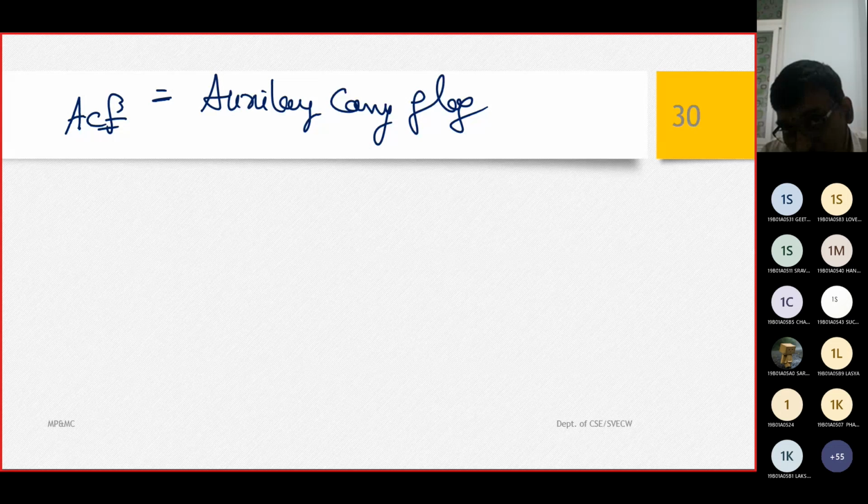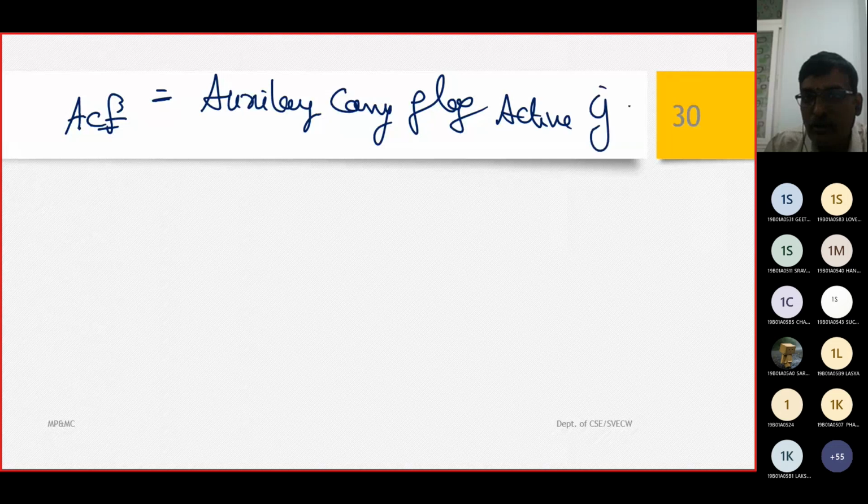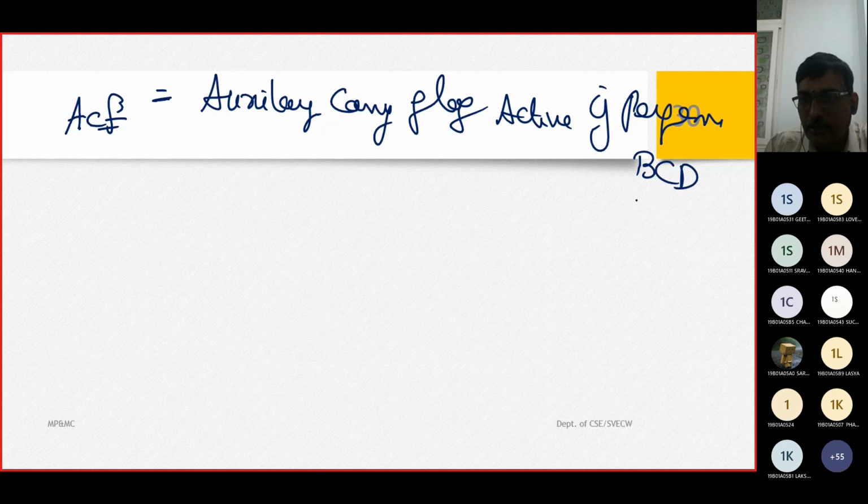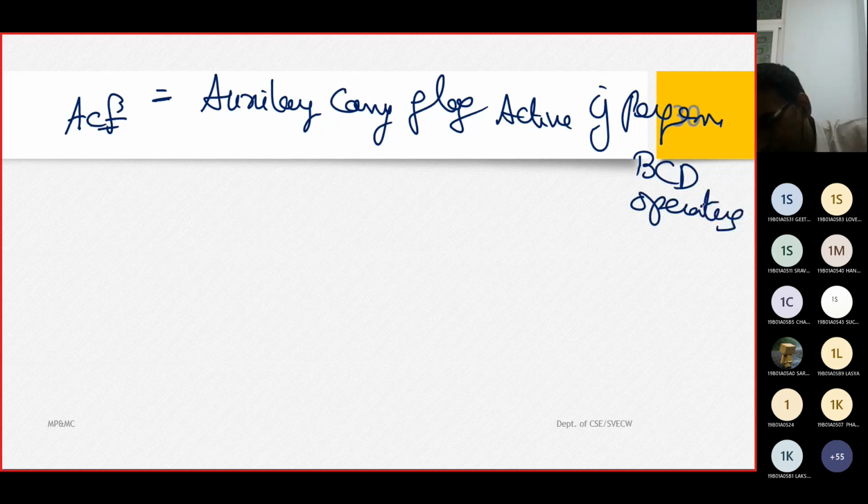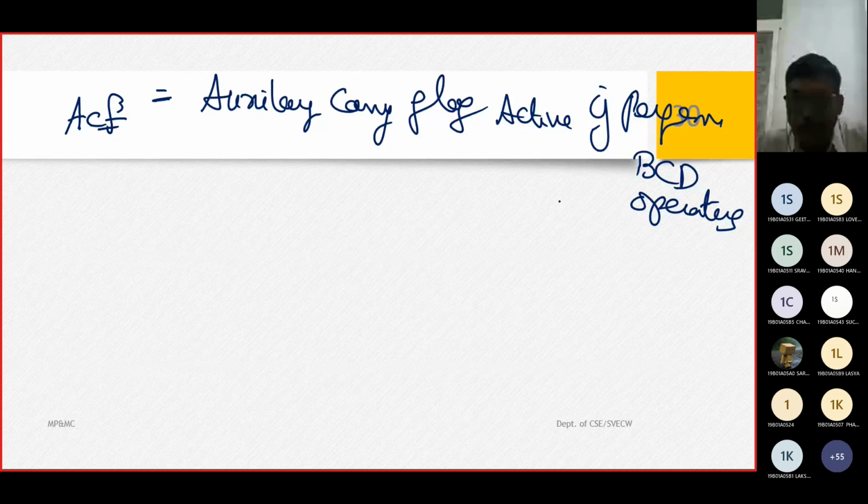This auxiliary carry flag is going to be active if we perform binary coded decimal operations. The auxiliary carry flag is going to occur only when we are going to work with binary coded decimal numbers. Then I am going to call it hexadecimal.